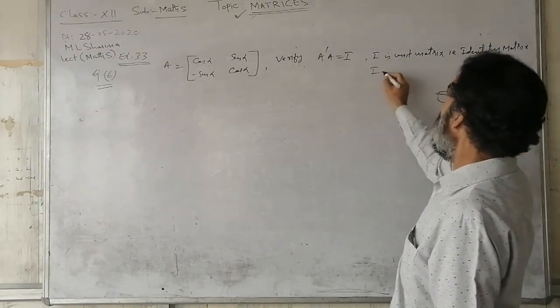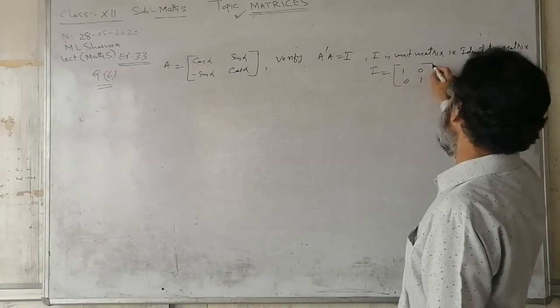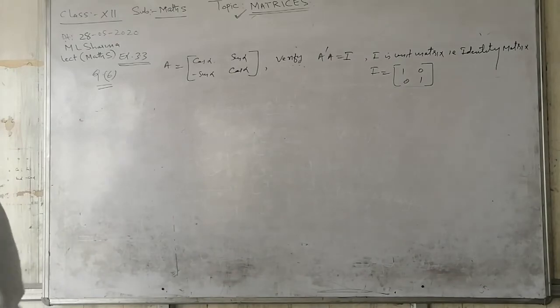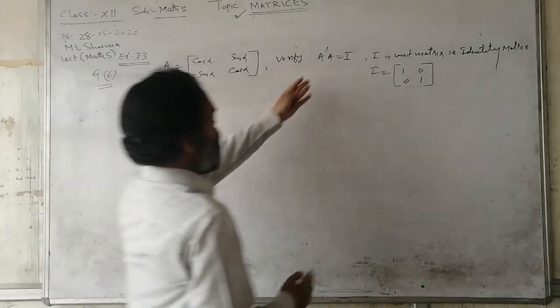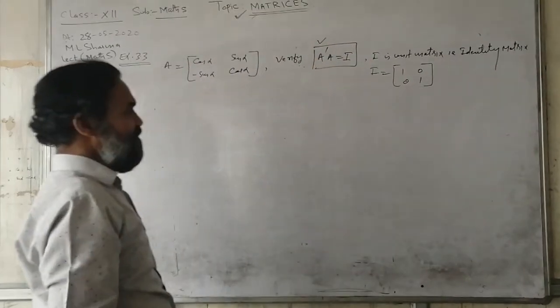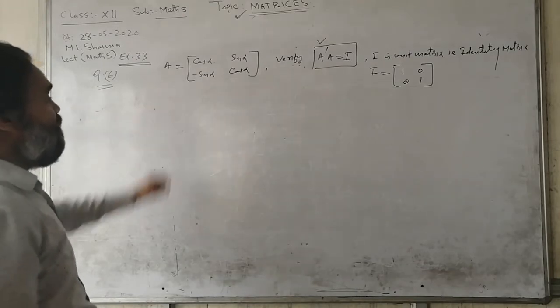So the value of I will be 1 0 0 1. So this is a simple question. This result we have to verify, where the value of A is given.